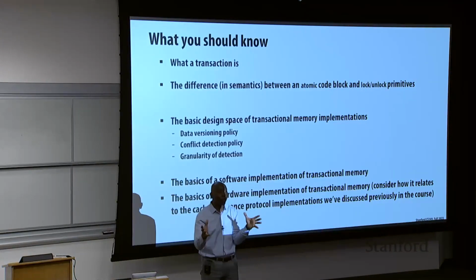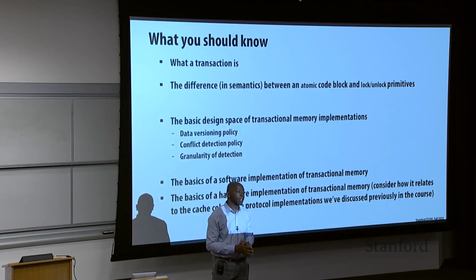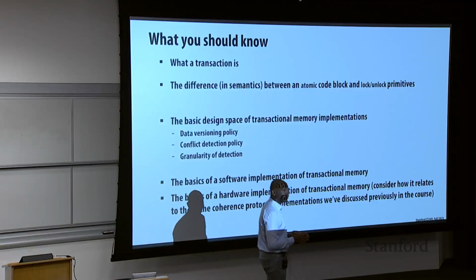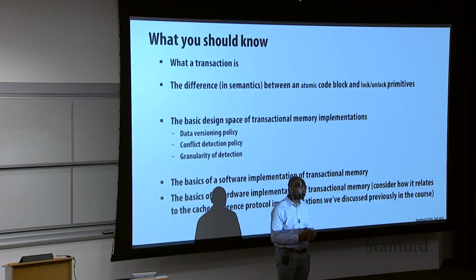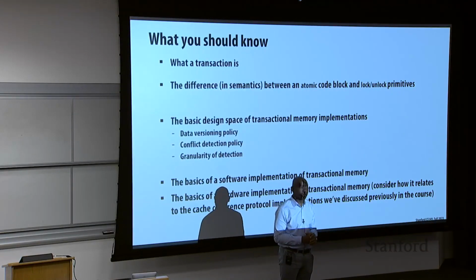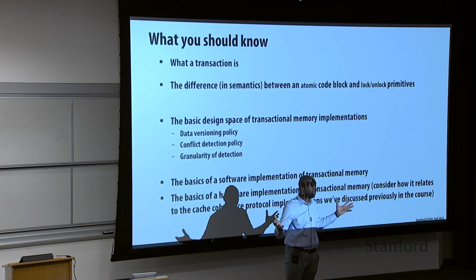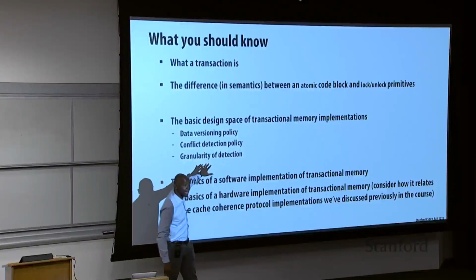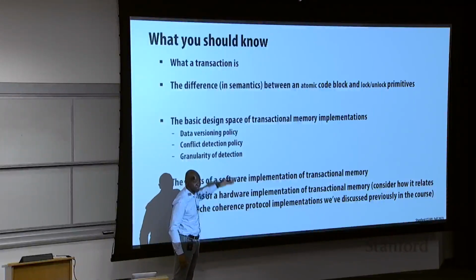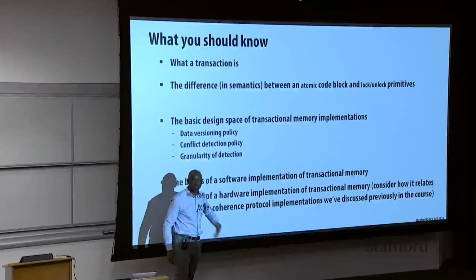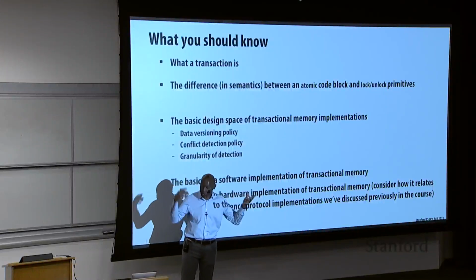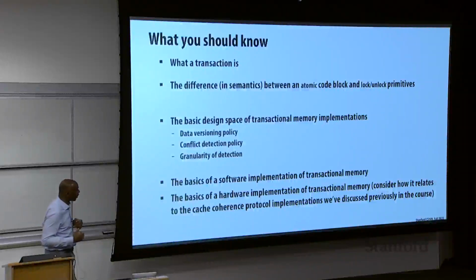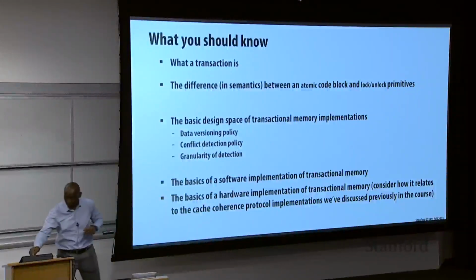We spent a lot of time talking about doing detection at the level of cache lines. And what was the problem with doing things at the level of cache lines? Something that, of course, you revisited on the midterm. What happens? Yeah. You get false sharing, right? So what if you do the granularity of detection at the operating system page level? False sharing gets much, much worse, right? So we'll see this notion of granularity of detection rear its ugly head again as we talk about transactions.